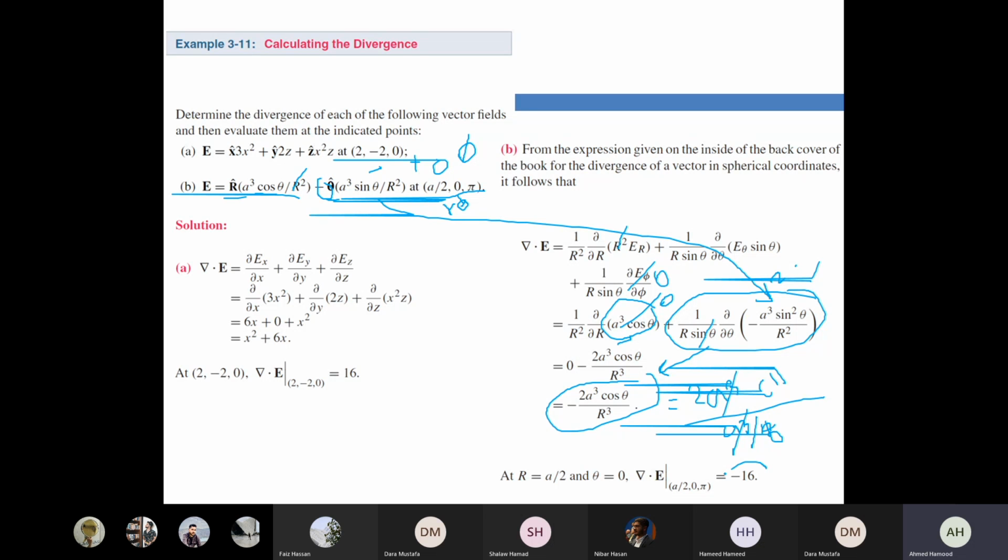Multiplying 2 by 8, you have negative 16. So we can see that the final value of the divergence in spherical coordinates is equal to negative 16.